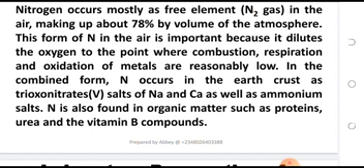All these are compounds that contain nitrogen in nature. Nitrogen can also be found in organic matter such as proteins, urea, and vitamin B compounds. So that is the existence of nitrogen in nature as a free element and in combination with other elements.